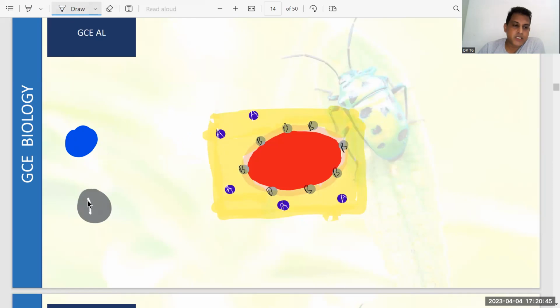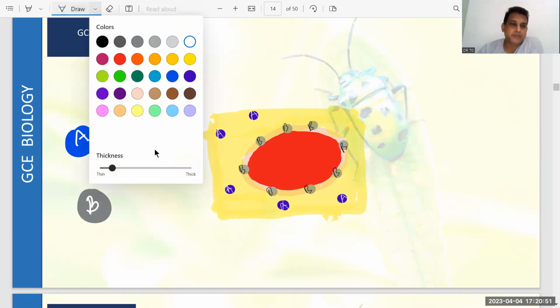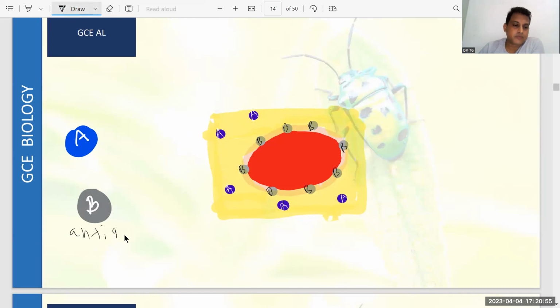This is a B antigen, and this is the A antibody. So there is no interaction between each other.